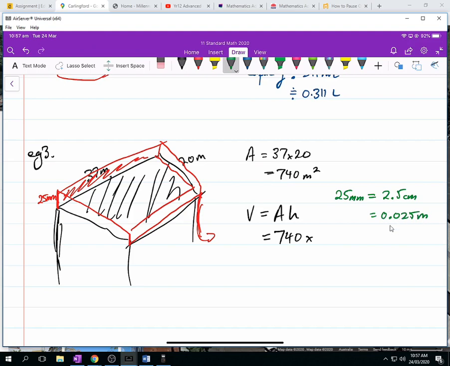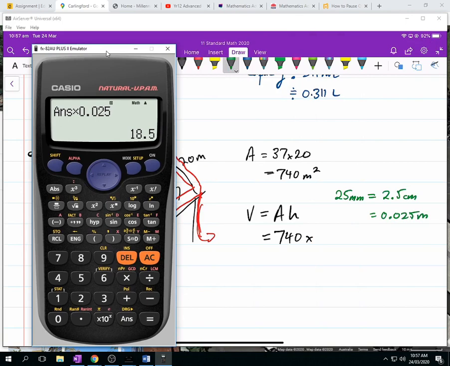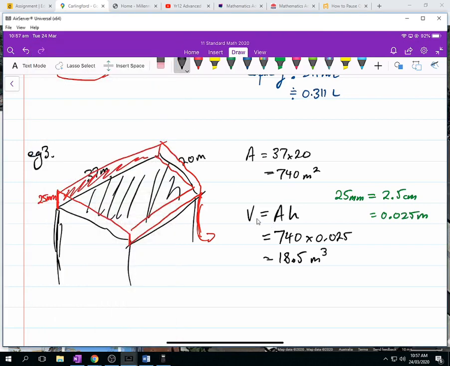Okay, so we get 0.025 meters and I times it by 0.025 as a height. 18.5. So now I end up with 18.5 cubic meters of water that went onto this roof. 18.5 cubic meters.